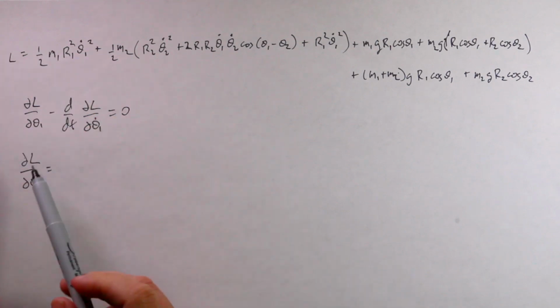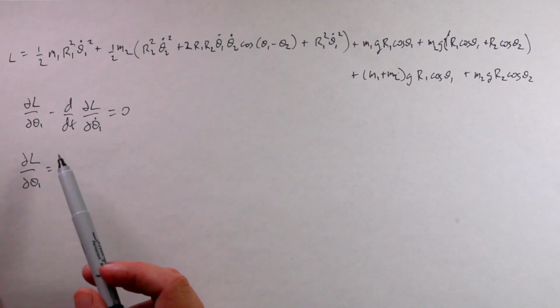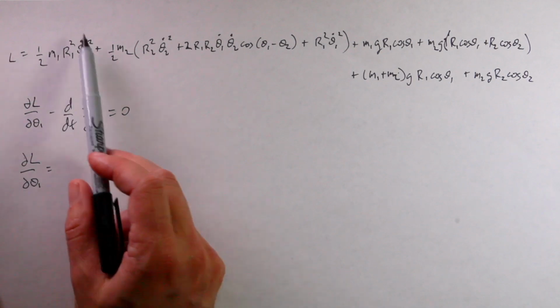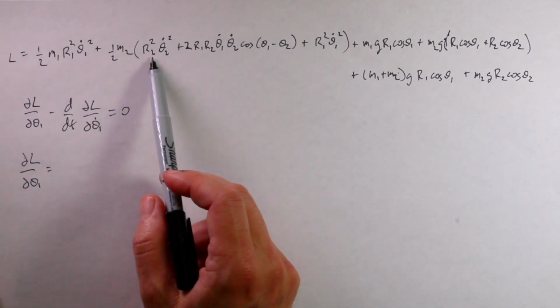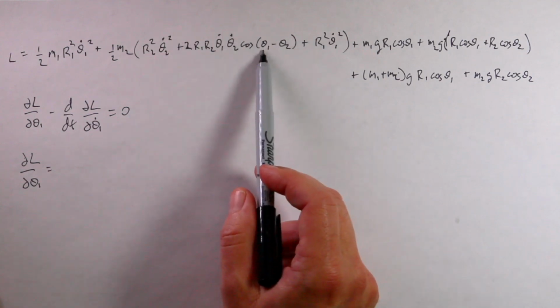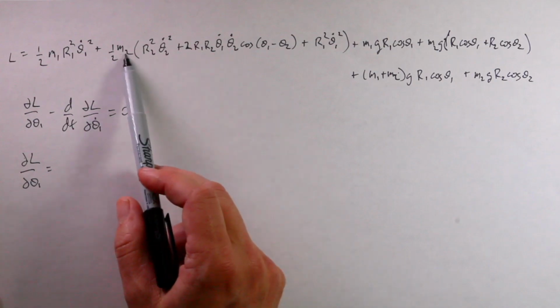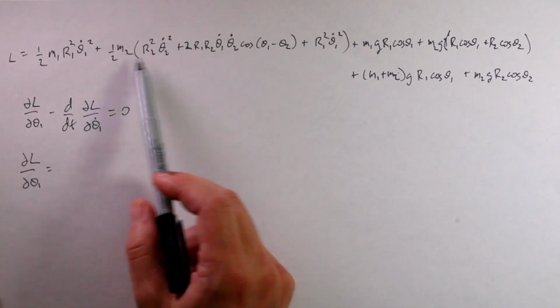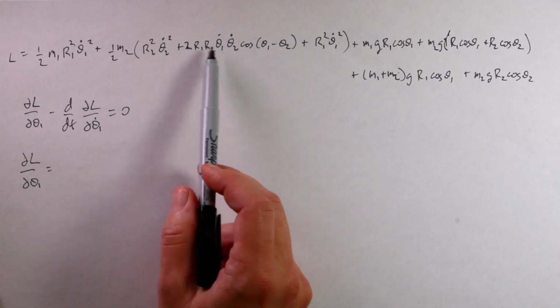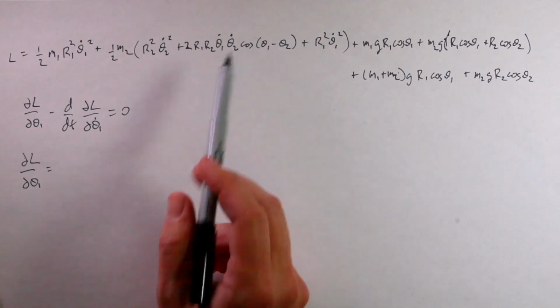Okay, so now it's a partial derivative. So anything that's not a theta is treated as a constant. I only want to see how this changes with theta 1, so all I care about is theta 1 terms. There's no theta 1 term. No theta 1. No theta 1. Oh, wait, there's one right there. So I'm going to have to take the derivative of this. So I get m2, the 1/2 and the 2 cancel. And then all that stuff's constant, but I have to take the derivative of cosine theta, which is negative sine theta.